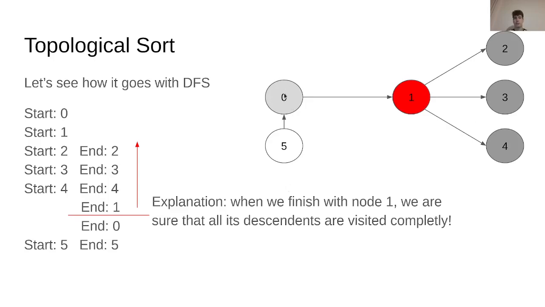And when we finish 0, all of its descendants have finished. And the same for 5, when we finish 5, all of its descendants have been finished. It doesn't matter the order in which we start, we will always get a topological order if we look at the ending times and take them in the reverse way.